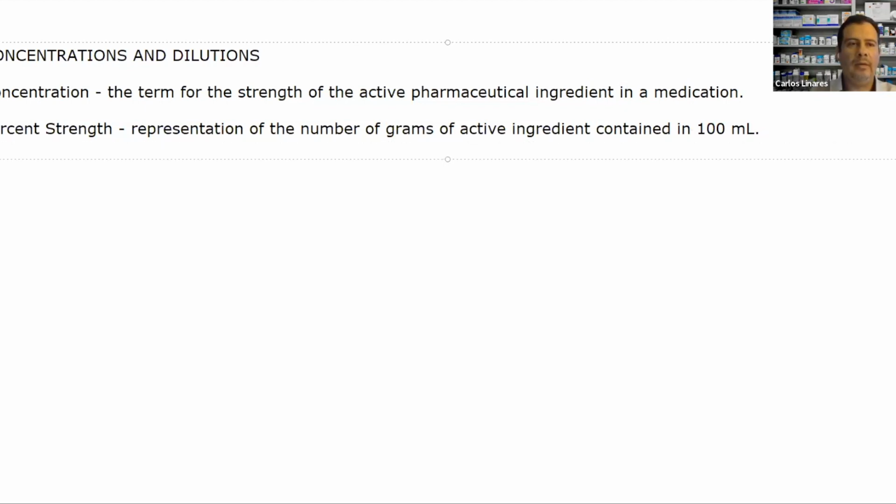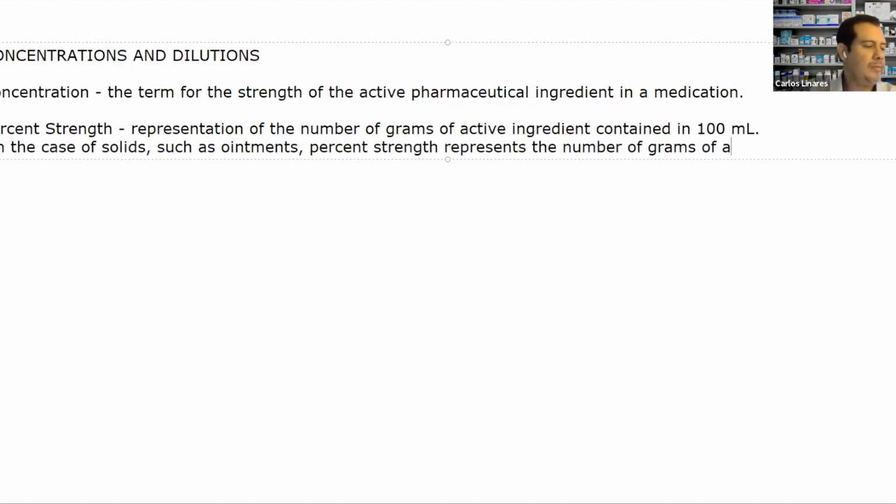Okay. In the case of solids, such as ointments, percent strength represents the number of grams of active ingredient contained in 100 grams as opposed to mLs.